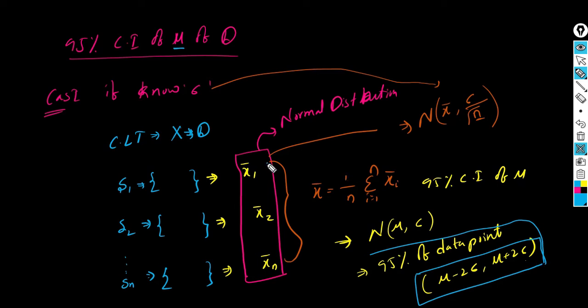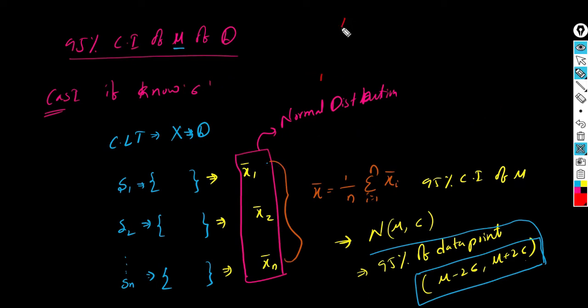Similarly, the sample means are also in a normal distribution, with mean x bar and standard deviation sigma by root n. So we know that 95% of the data points lie between these two values, because this is also a normal distribution and we can use the same approach.